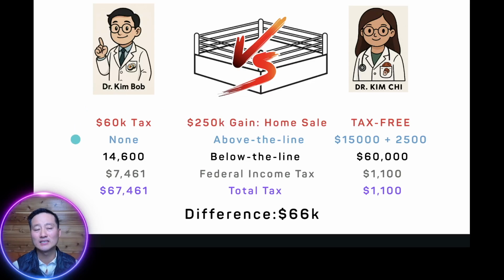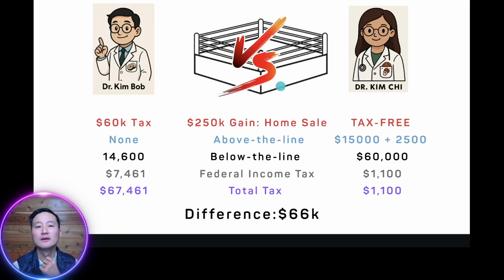With no tax planning in place, he had no above the line deduction. The only below the line deduction was the standard deduction, which was $14,600, the minimum that a single person gets, everyone. So as a result, the tax bill on his income was $7,500. In total, he paid nearly $68,000 in taxes.